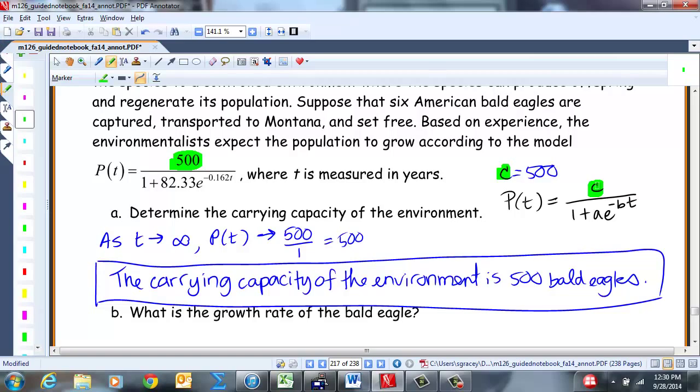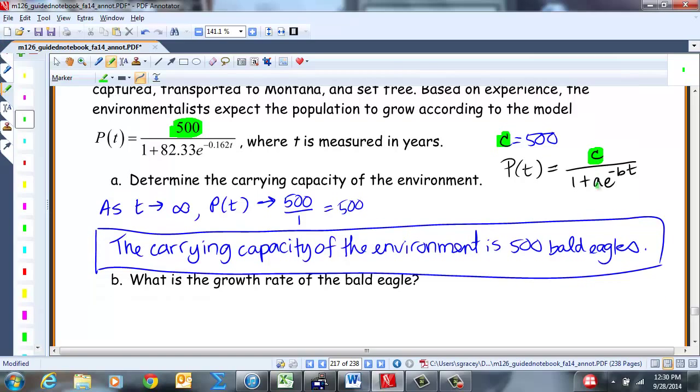All right. So now we need to find the growth rate of the bald eagle. So what do you think? What was the growth rate? It was B, wasn't it? So here we're looking for what corresponds in the general model. Do you see that B is right here?